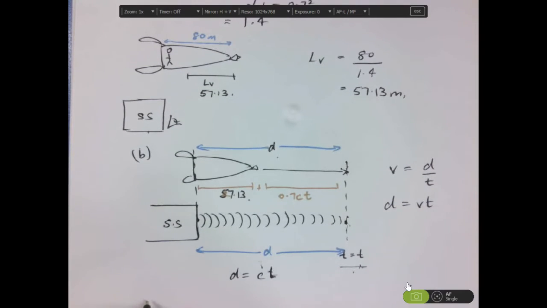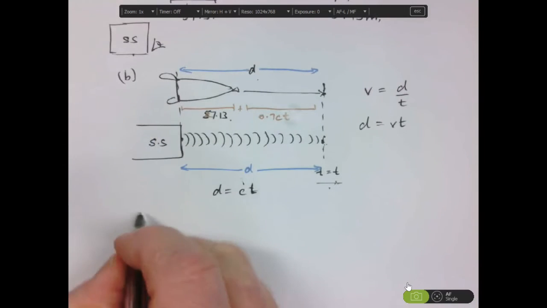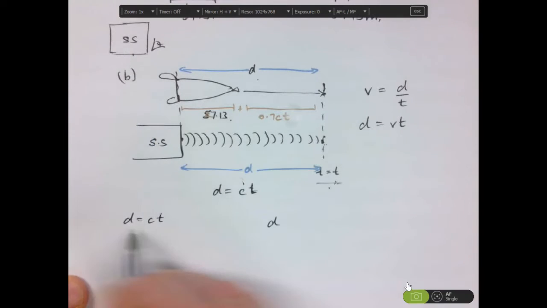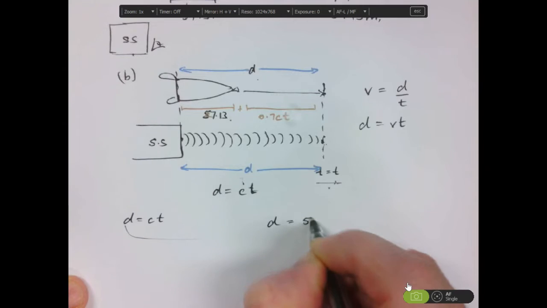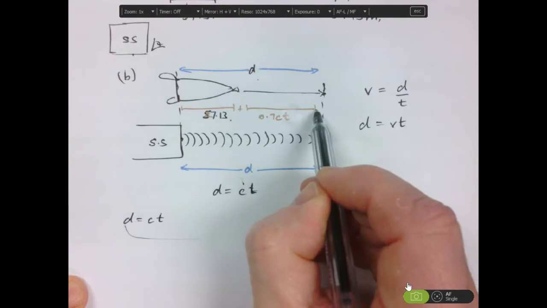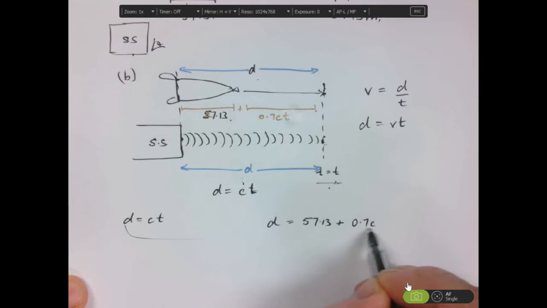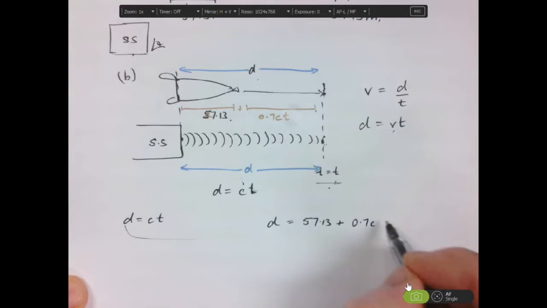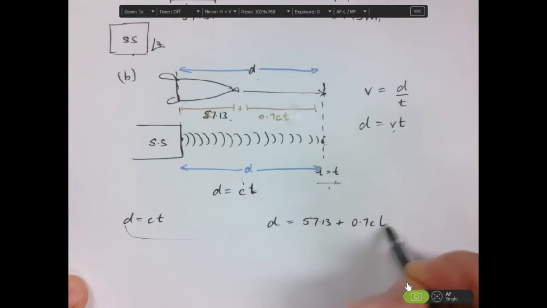Okay, so let's make those equal each other. The bottom distance is ct, and the top distance, remember these two distances are the same, would be 57.13 plus this section here. Now, the craft is traveling at 0.7 c, so that's its velocity, times the time taken for the entire action to happen, which is still t.